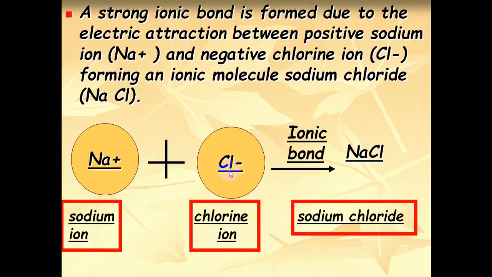So the ionic bond is very strong between the sodium ion, the positive ion, and the negative ion. They have attraction between them, they form an ionic bond, and they form sodium chloride, the table salt. So now we know how sodium chloride is formed, by the formation of the sodium ion and the chlorine ion.